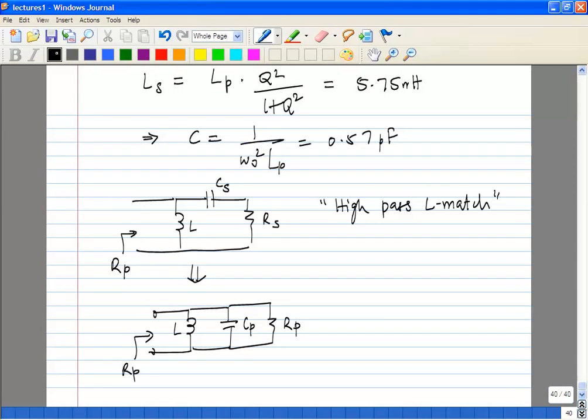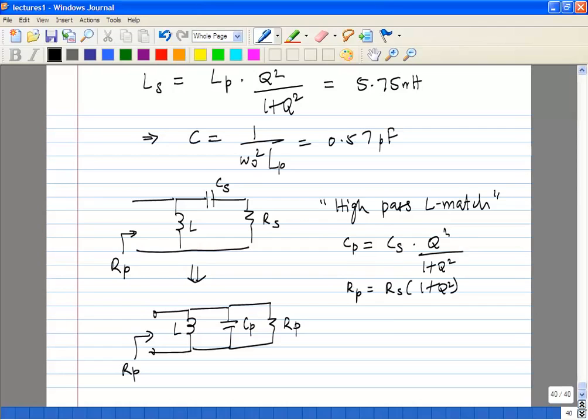And we know the equations governing this, right? Cp is Cs into Q squared over 1 plus Q squared, and we know Rp is Rs into... rather, I know, you are going to know when you do your homework, right?